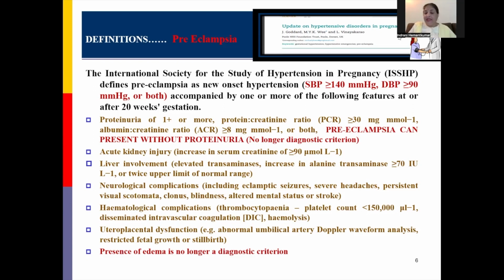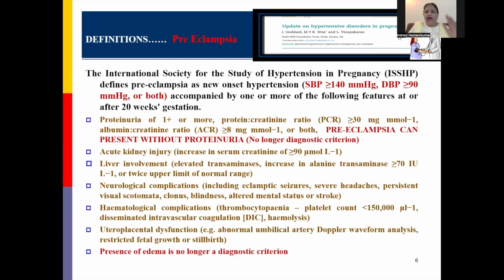To call it preeclampsia, the patient should have a high blood pressure, should have proteinuria, and should have edema, right? So now the present definition is that the patient can have any one or any two or all of them, right? So it can still be called preeclampsia.